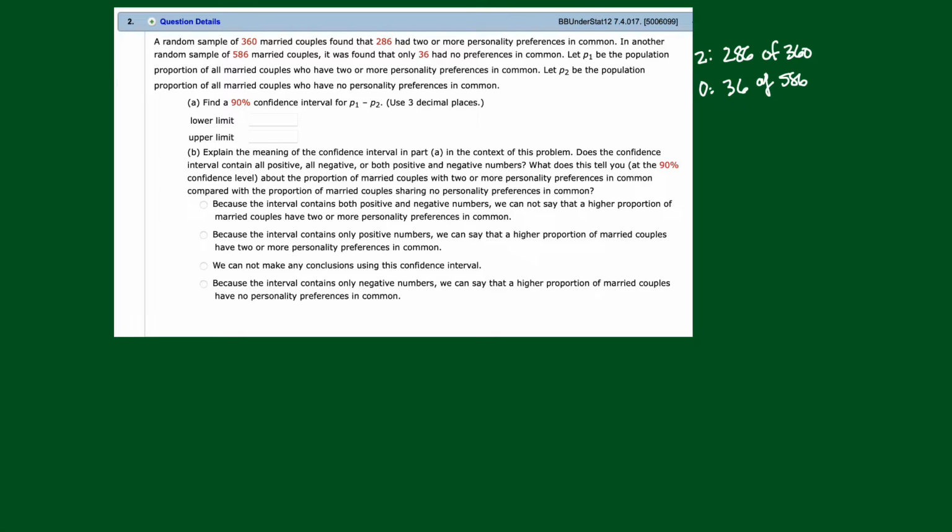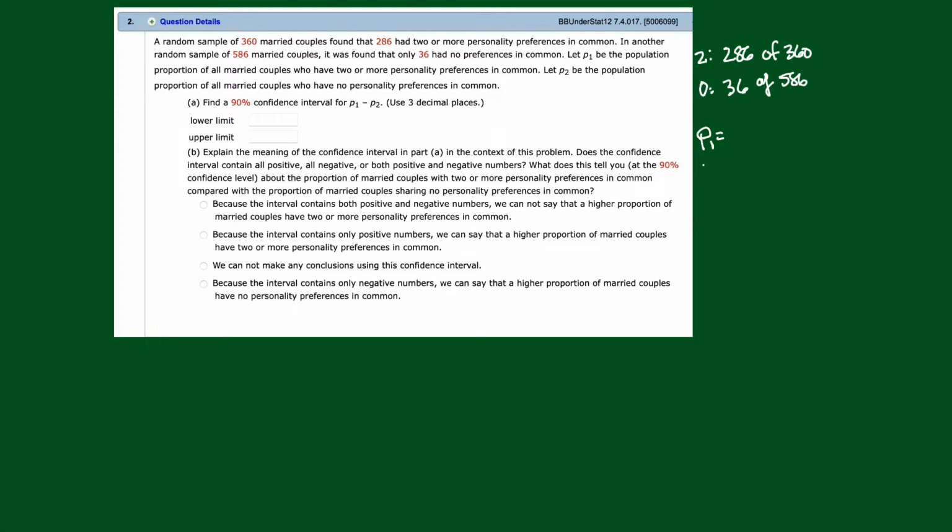Now, let P1 be the population proportion of all married couples who have 2 or more preferences in common.